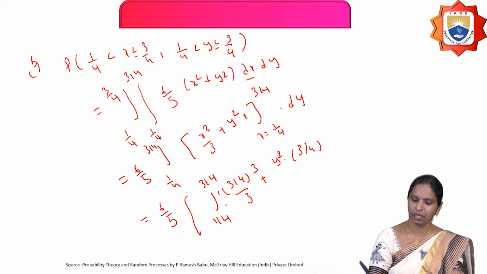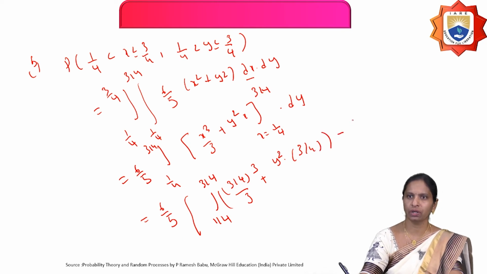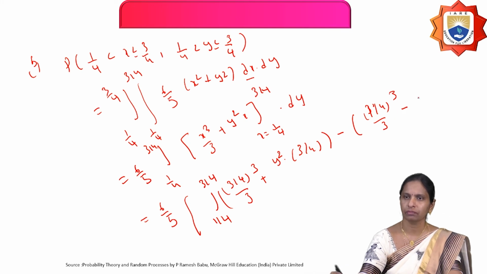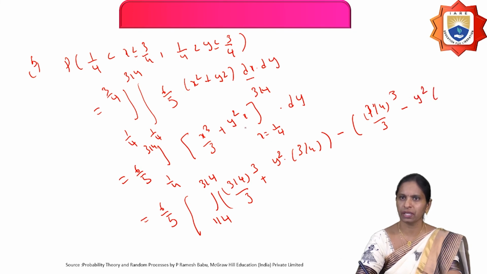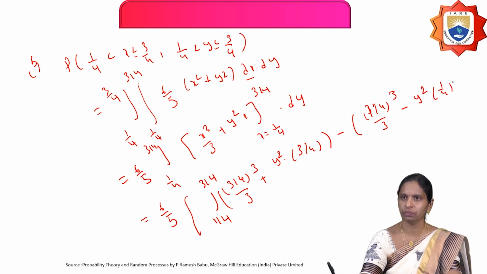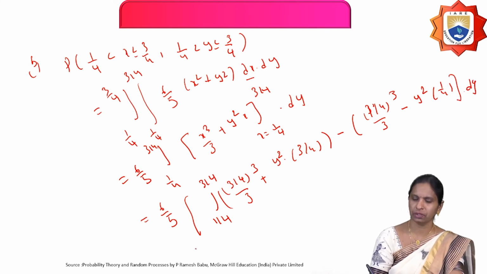So this is the upper limit, minus the lower limit, 1 by 4. So 1 by 4 whole cube by 3 minus y square into 1 by 4, dy. After that you do the integration with respect to y.